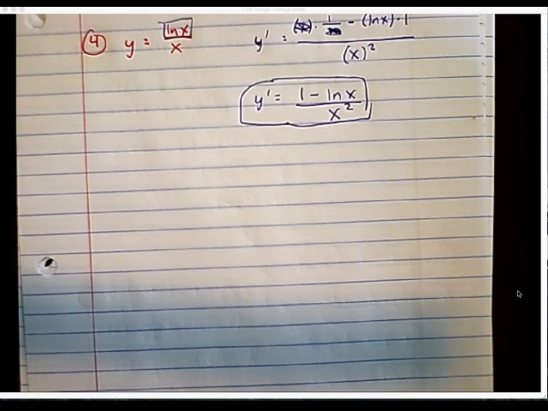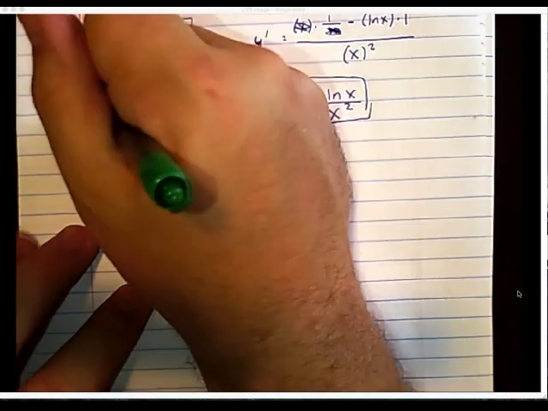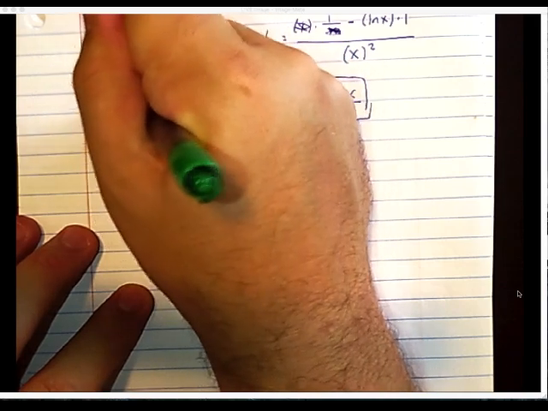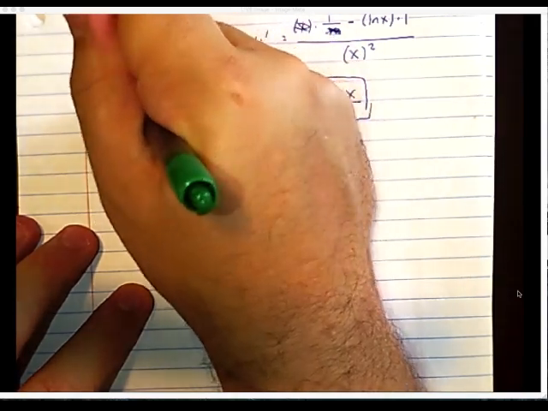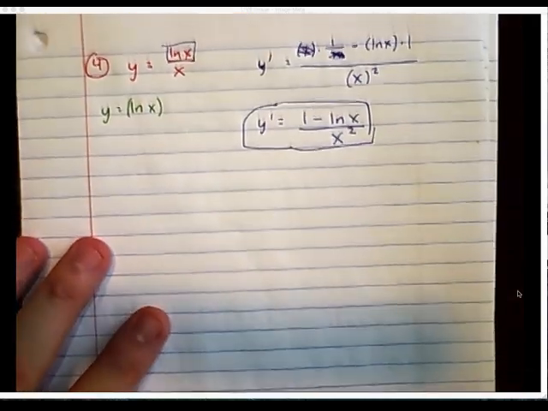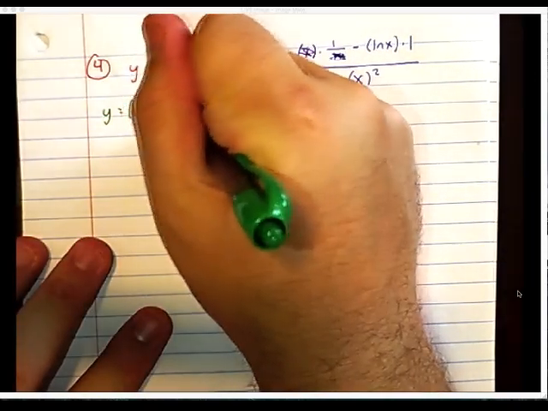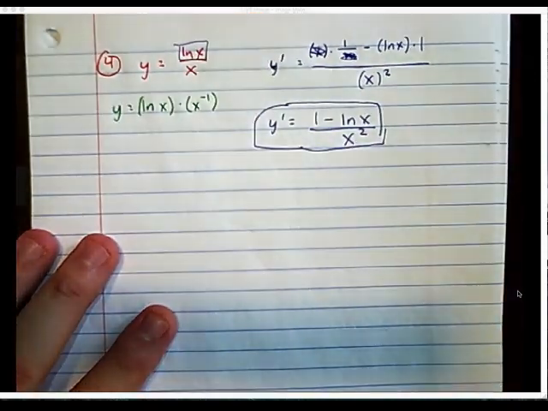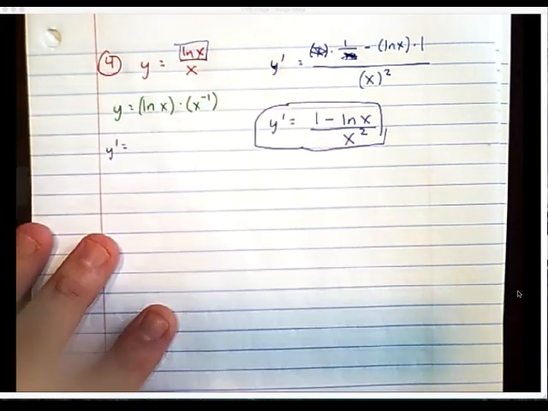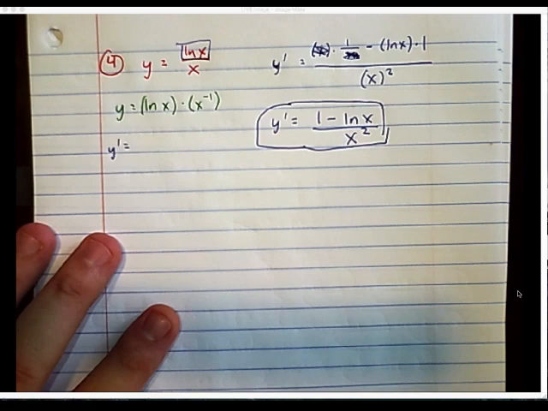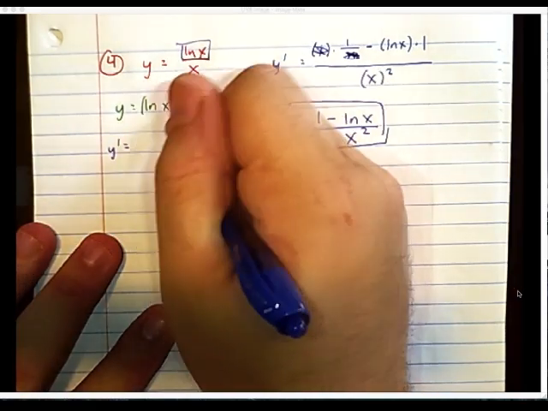Now, could you have done that a different way? Yeah, you could have. You could have actually done it this way. You could have rewritten your y as ln of x times x to the negative 1 power, and then you could have used product rule instead of quotient rule. I'm just going to show you it gets you the same answer. All right, so if we're going to use product rule here, we would say derivative of the first.